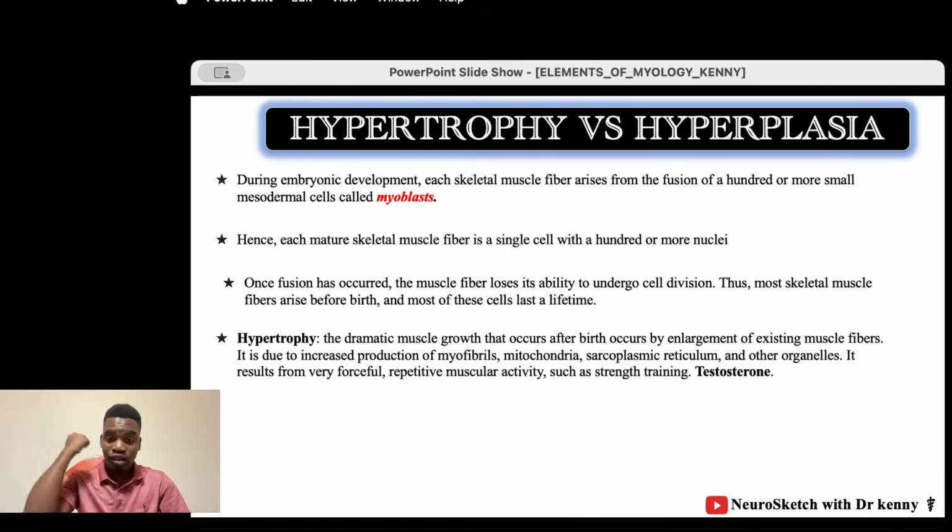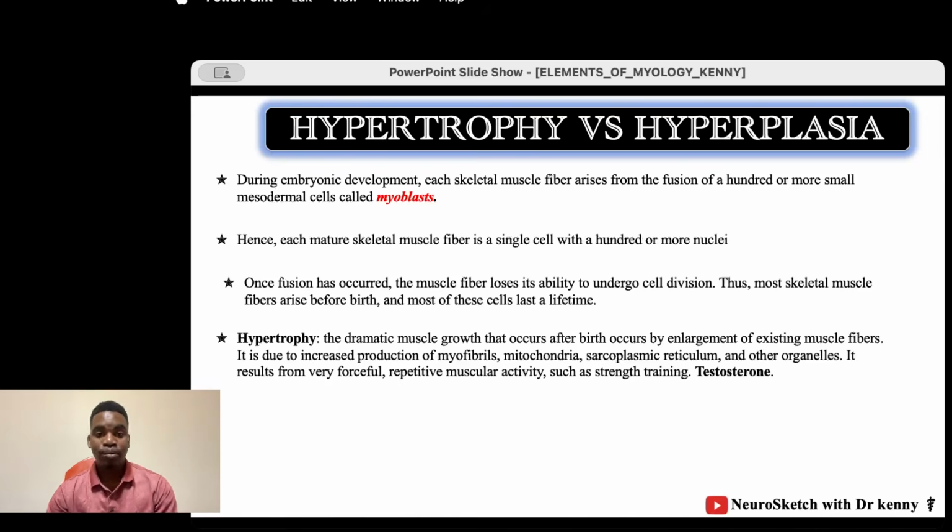This is why they do repetitive movements, like the shoulder, the biceps, the triceps, and all that is to produce this forceful repetitive muscular activity, which will result in building up of the muscle, which is what is known as hypertrophy of a muscle.